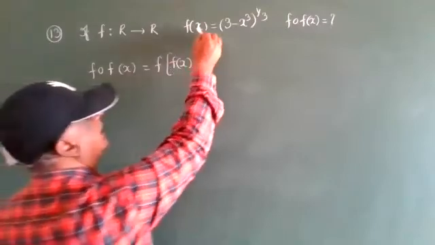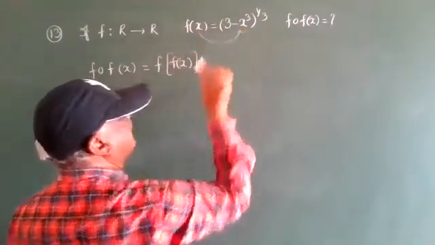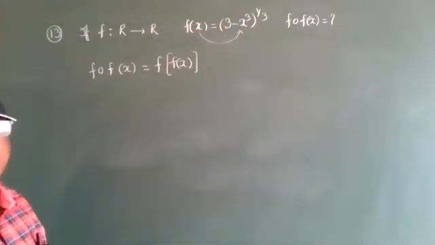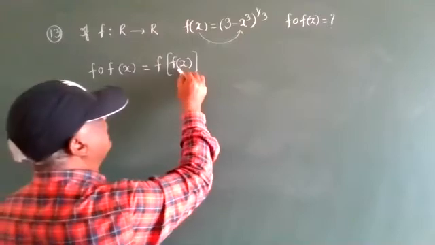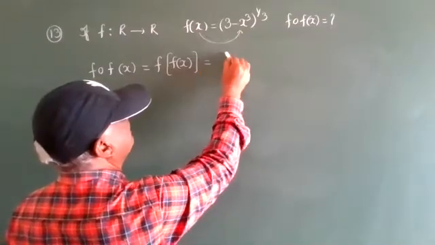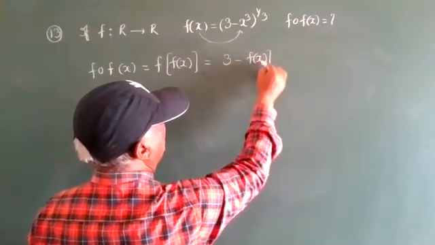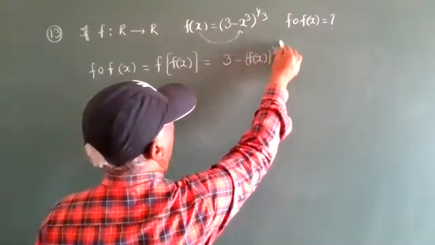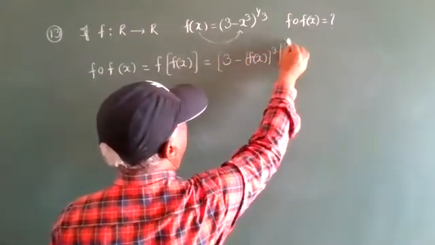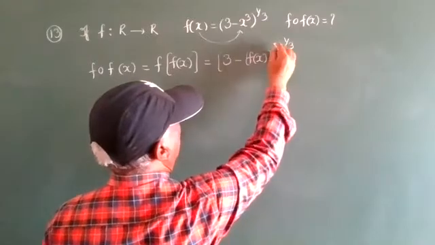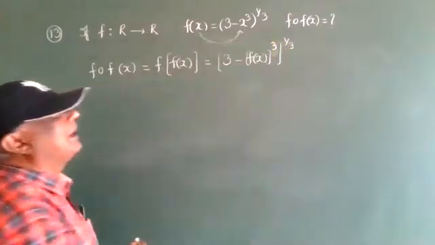So where x is there, we can write x only. Here f of x is there, so 3 minus f of x cube, whole power of 1 by 3.